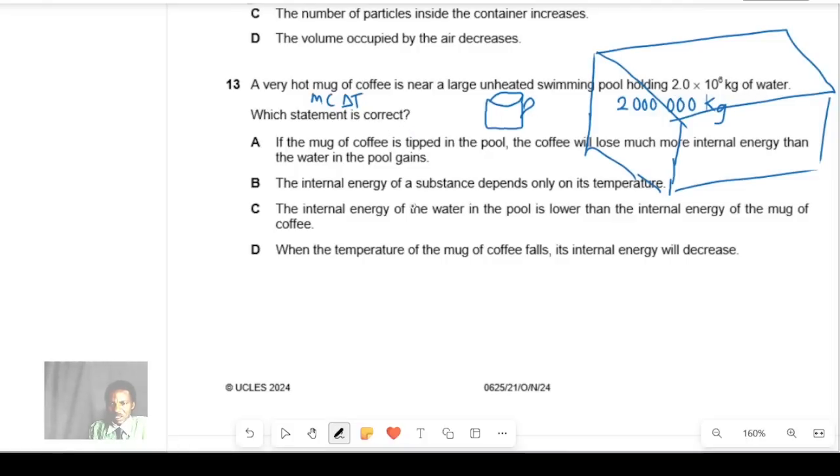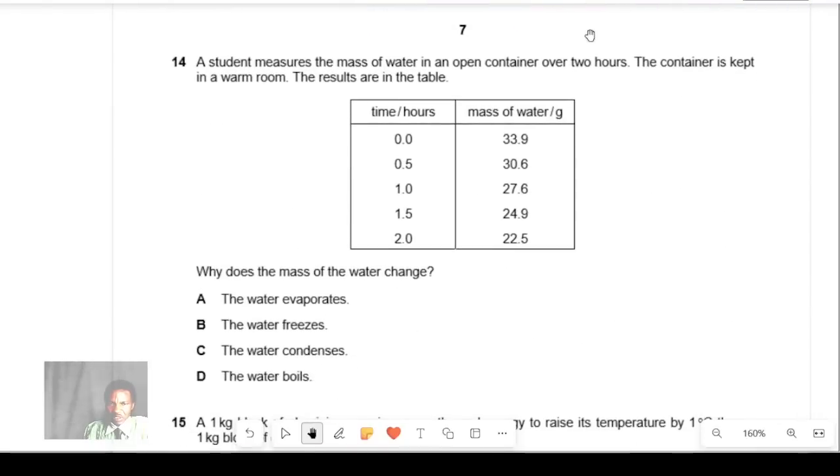The temperature of the coffee is going to fall if anyone spills it. The total internal energy of the coffee falls because of the decrease in mass that pours into the pool. So let's go to question 14.